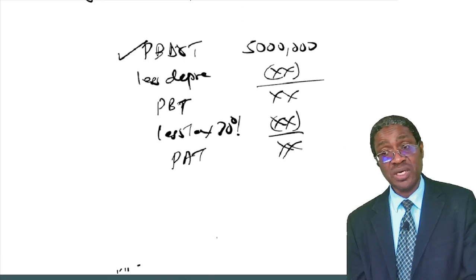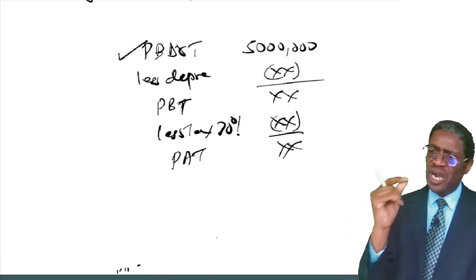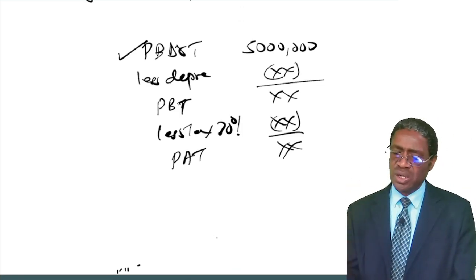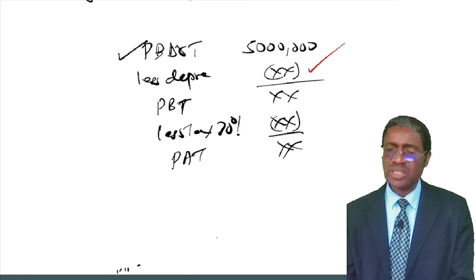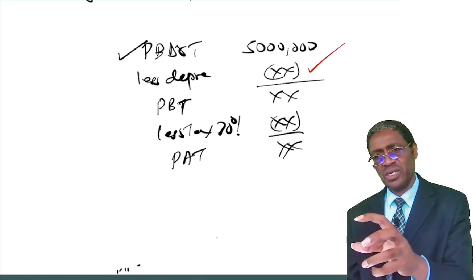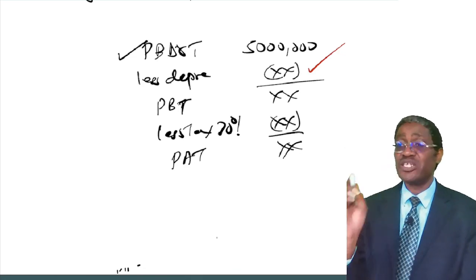Now listen, once you get the profit after tax, that profit after tax, listen carefully now, has taken into account one of the non-cash items in the income statement by the name of what? Depreciation. What would have been the true profit if that depreciation was not there? So you add it back.